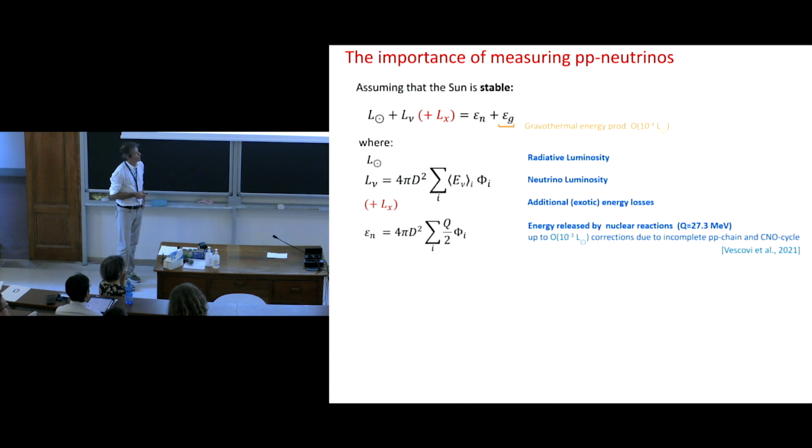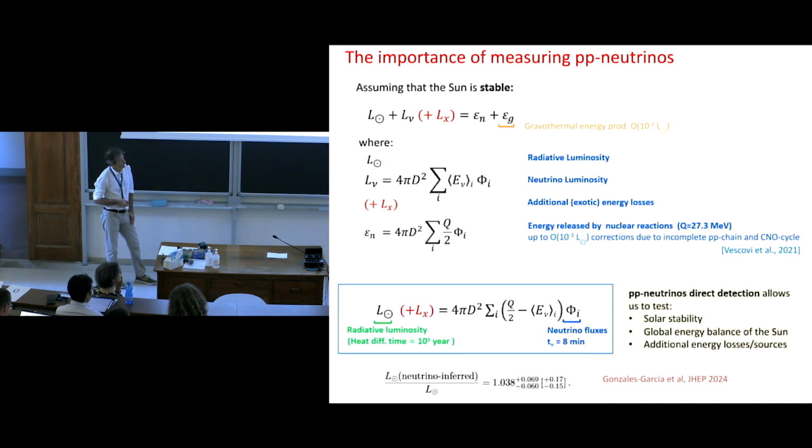Now, these terms can be either measured or calculated, as described here. In particular, the neutrino fluxes trace the efficiency of nuclear reactions, and now that we are able to measure all the different components, and in particular the last measured component of the solar neutrino flux, which is the PP neutrino component, we are able to test the validity of this relationship.